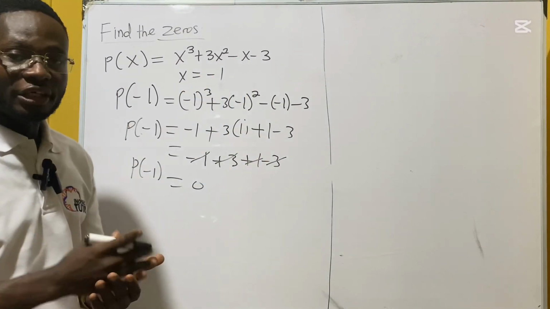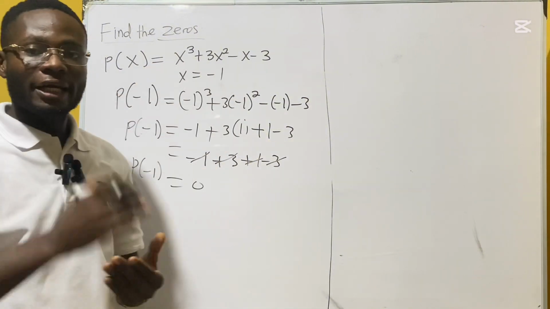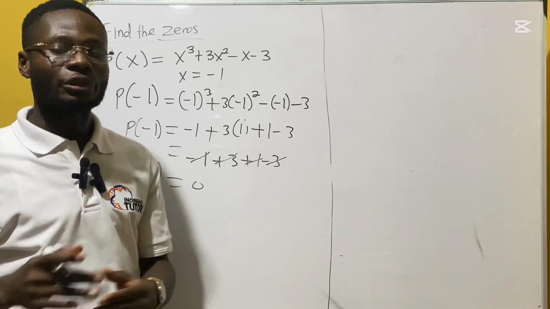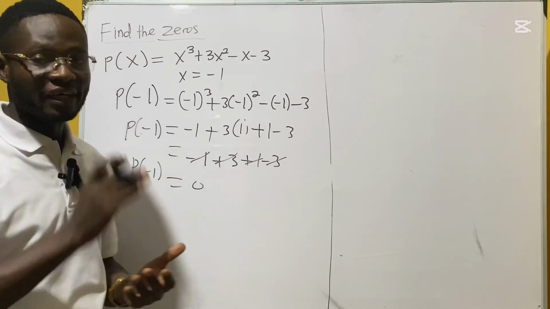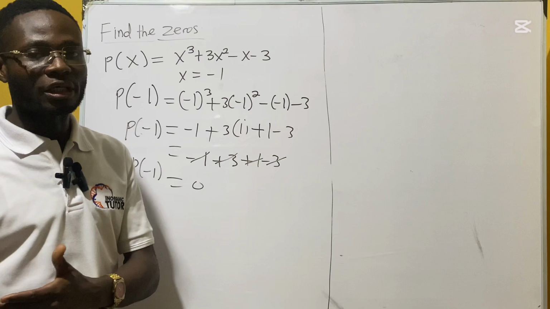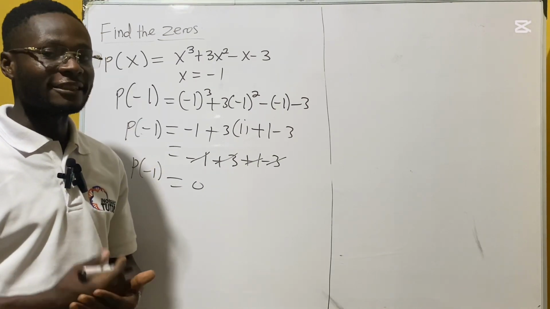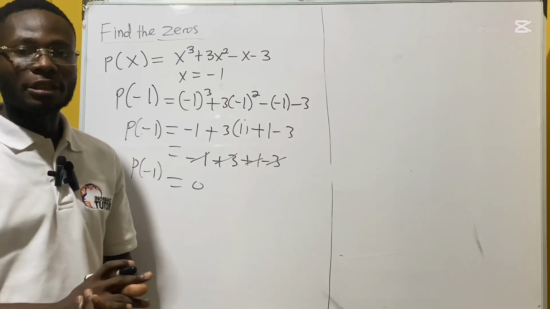So we use that factor and the polynomial together with either the synthetic approach or the long division approach to find the other factors. Once we have the other factors, we set them to 0 to find the values of x, and those values become the zeros of the polynomial.